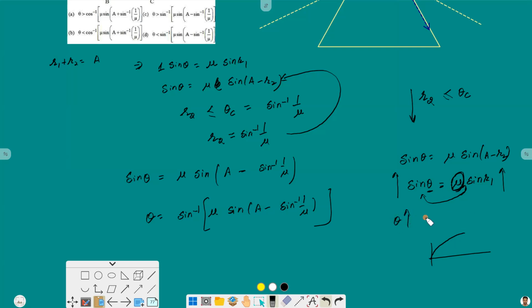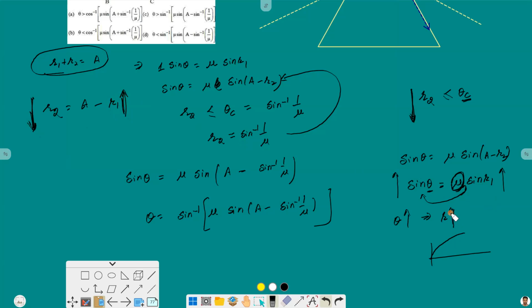And now R1 and R2 are related with this expression, that R2 is equal to A minus R1. Now if R1 is increasing, R2 will decrease, and we want R2 to be lower than the critical angle. So if R2 is decreasing, we want a lower value of R2, means we want a higher value of R1.